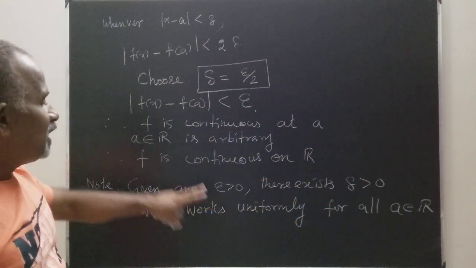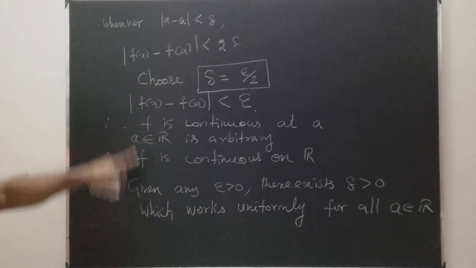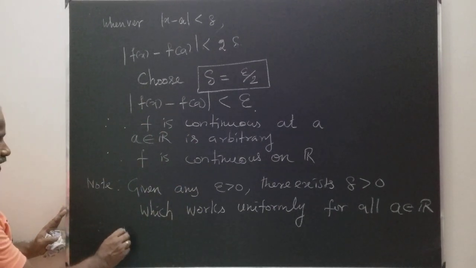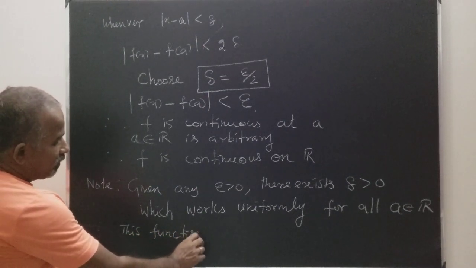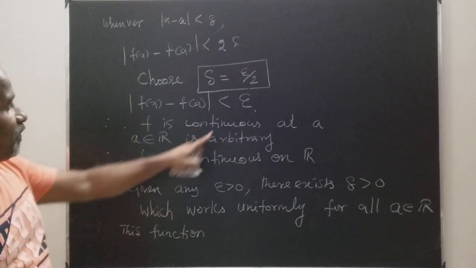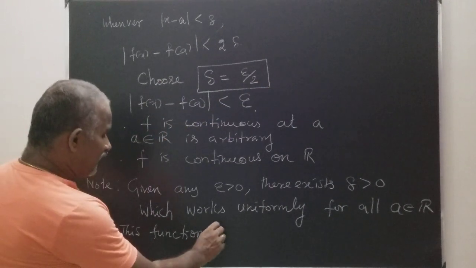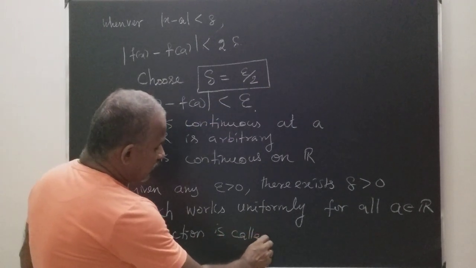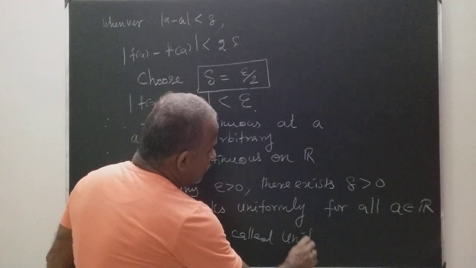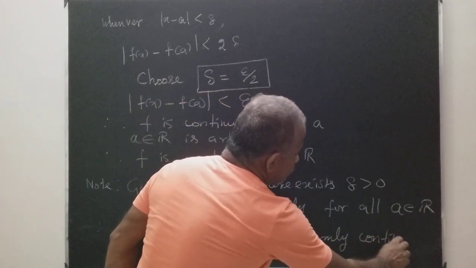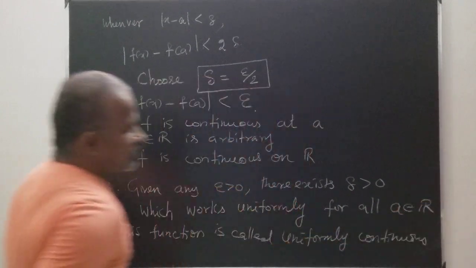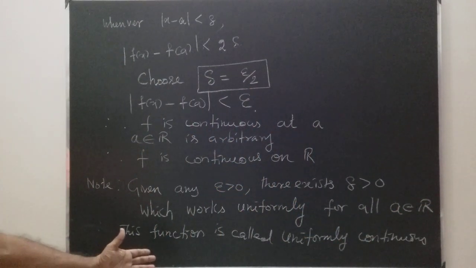So therefore this function, f of x equal to 2x, is called uniformly continuous.